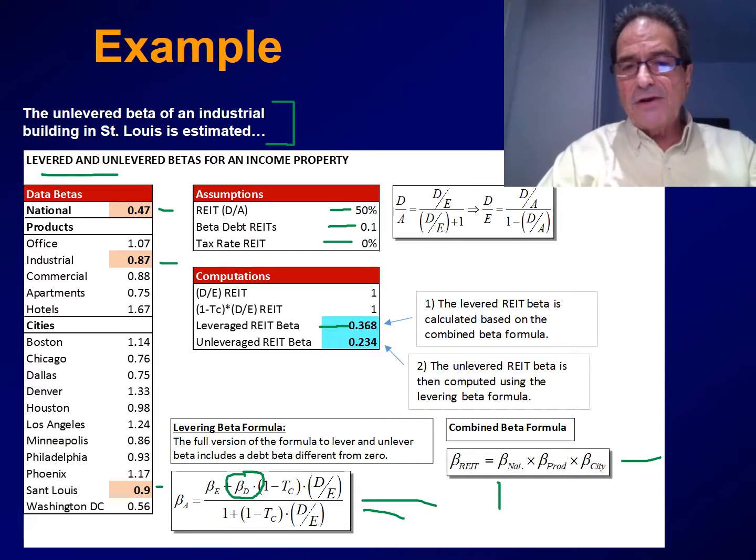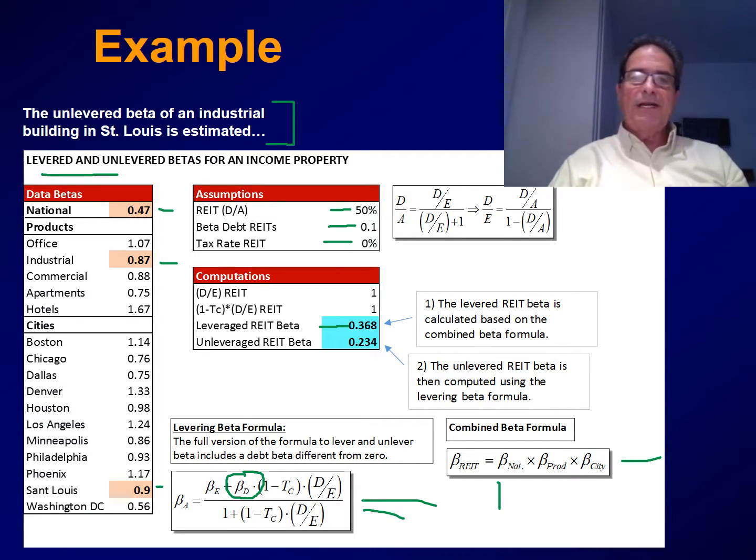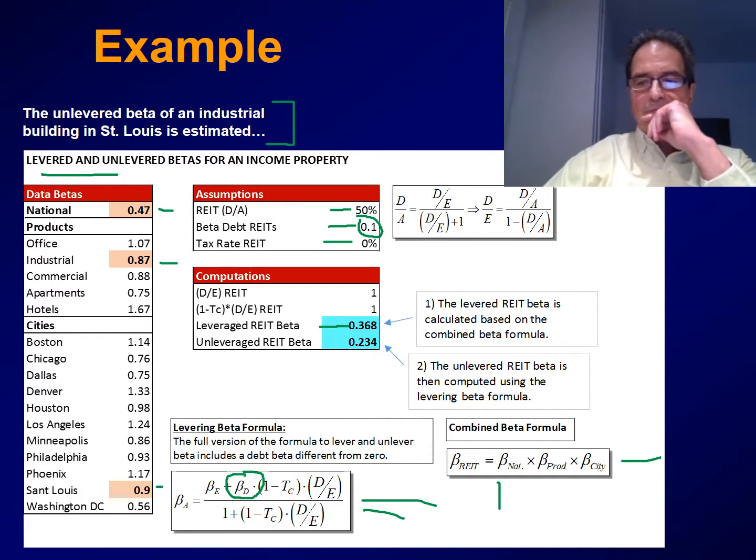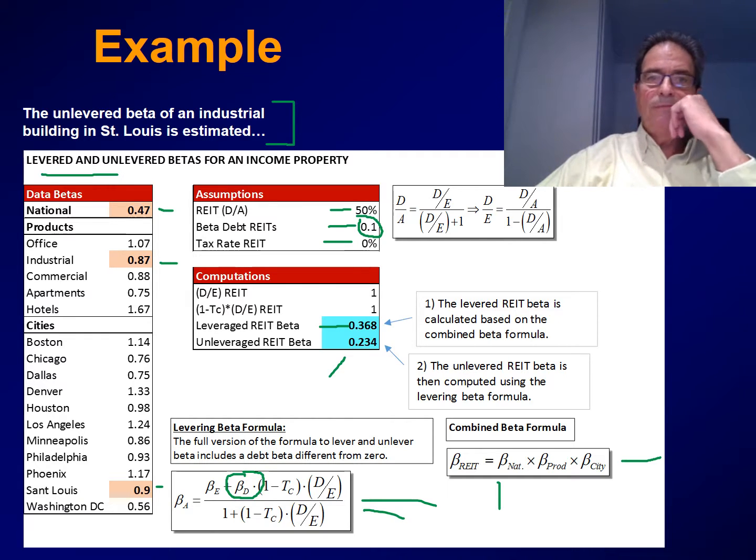In the case of real estate, it's better to include the beta of the debt, because it is very common in the real estate business to have a beta for the debts which is larger than 0. In this case, precisely, we are assuming a beta for the debt equal to 0.1. So if we apply the unlevering beta formula, we obtain this value for the unlevered beta for an industrial building in San Luis. It's 0.234.